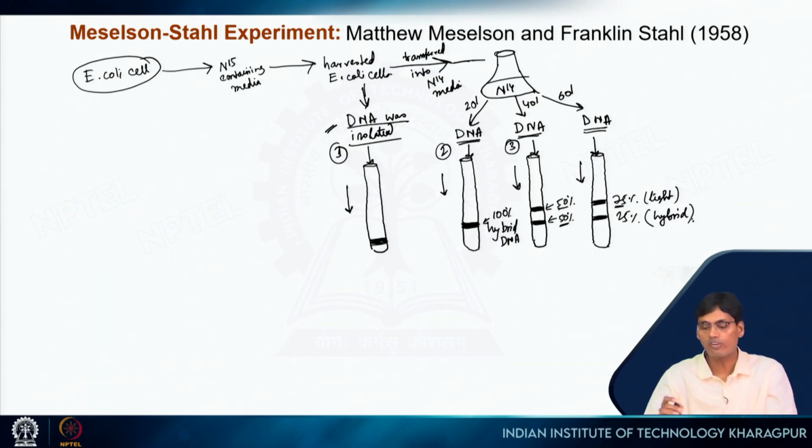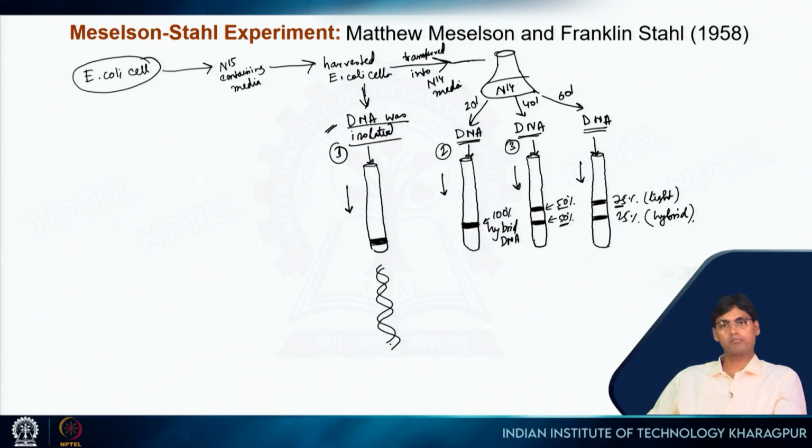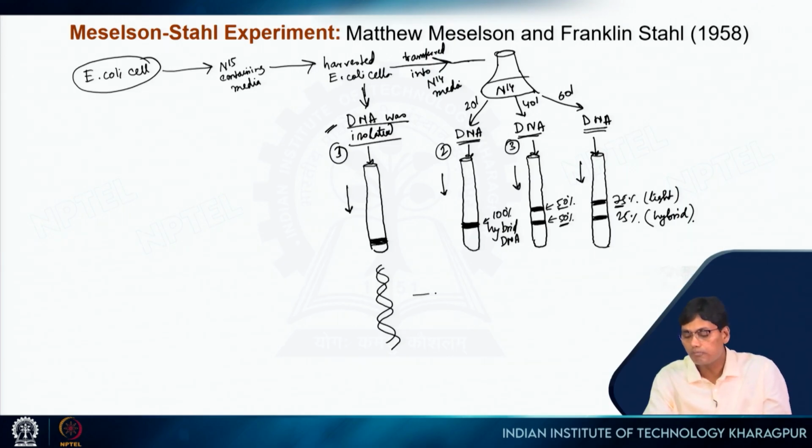semi-conservative, because now if I draw here, this DNA, both the strands are labeled with heavy atom, heavy nitrogen, that's why they are heavy. But now, if DNA replication is semi-conservative, then what will happen?